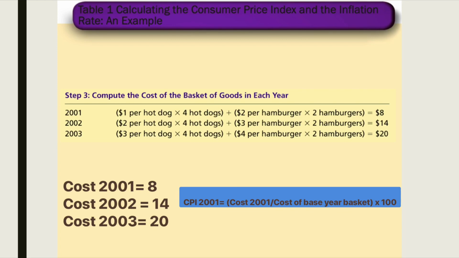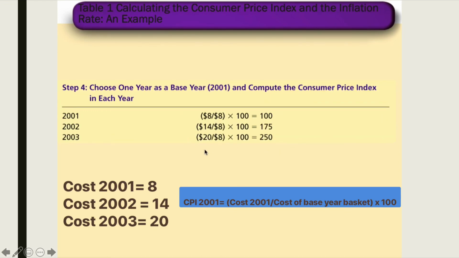In 2002, the cost of the basket is $14. So you divide $14 by the cost of the basket of the base year, which was $8, and 14 divided by 8 into 100 would give you the CPI of 2002. Similarly, for 2003, you divide the cost of the basket in 2003 by the cost of the basket of the base year, which was $8. So 20 divided by 8 into 100 should give you the CPI of 2003.